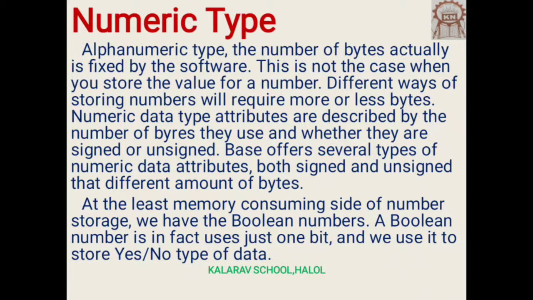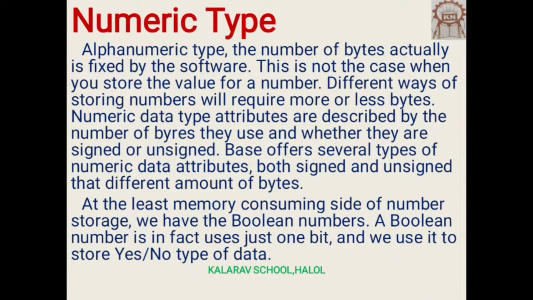Numeric type. In alphanumeric type, the number of bytes is actually fixed by the software. This is not the case when you store the value for a number. Different ways of storing numbers will require more or fewer bytes. Numeric data type attributes are described by the number of bytes they use and whether they are signed or unsigned.